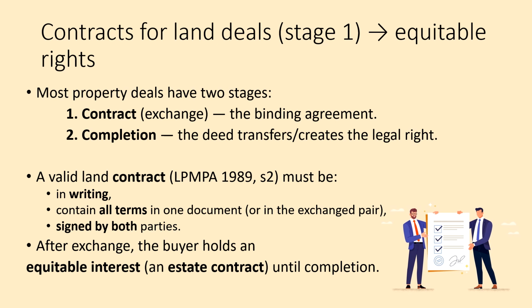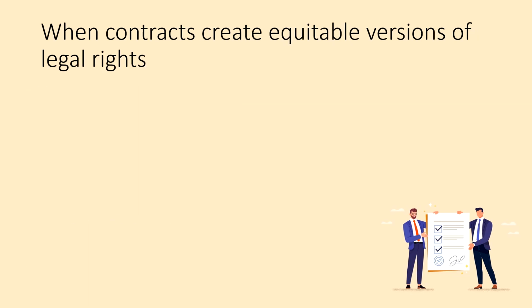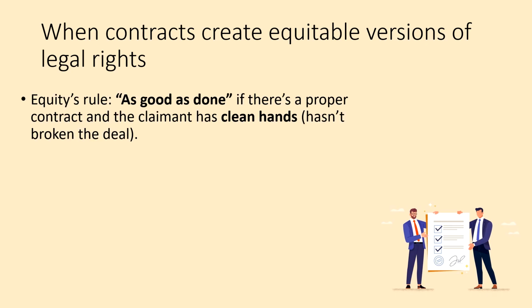So yeah, that's just for potential purchasers to have a bit of a safety net, because there's so many things that can go wrong. So the idea behind that is that equity has this rule that they will protect some kind of contract or agreement as good as done if you were really making an effort to complete the agreement, but something happened.